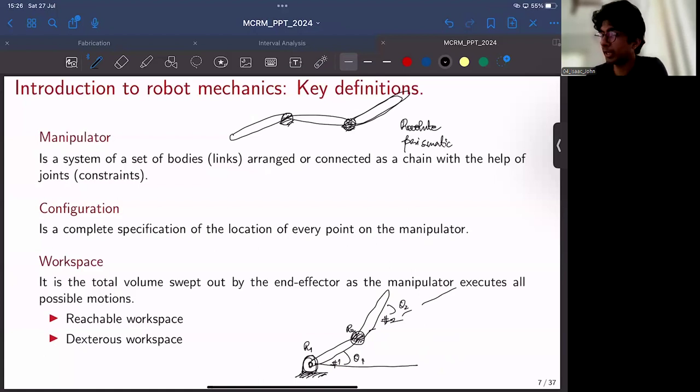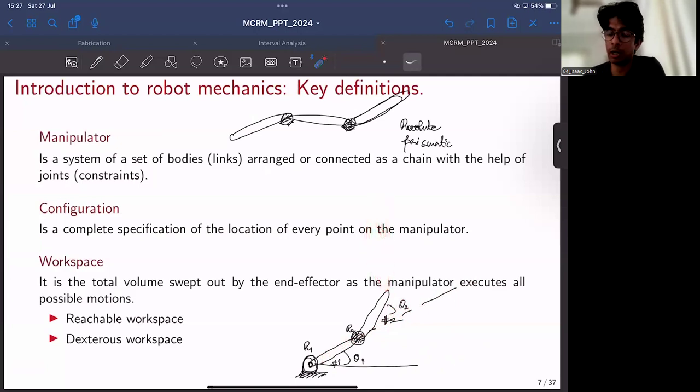You can choose theta 1 to be again an angle, where theta 2 makes with the horizontal. That is also fine. But for this course, we would stick with the convention where the first joint always makes an angle with respect to the horizontal ground, and the configuration of the second joint is specified by an angle theta 2 with respect to the previous link, and likewise for all the subsequent links.